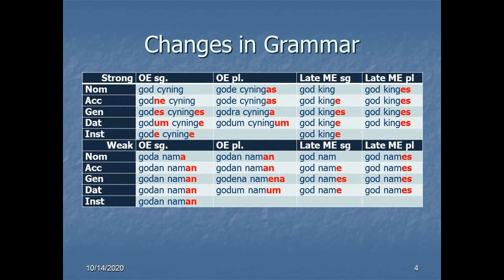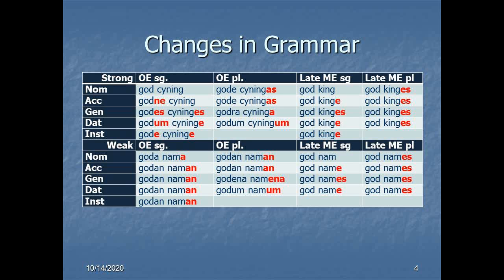Well, if we slow down and just take a look at a couple of adjective-noun pairings, comparing Old English and late Middle English, say 14th century or so, then we get something that looks like this.